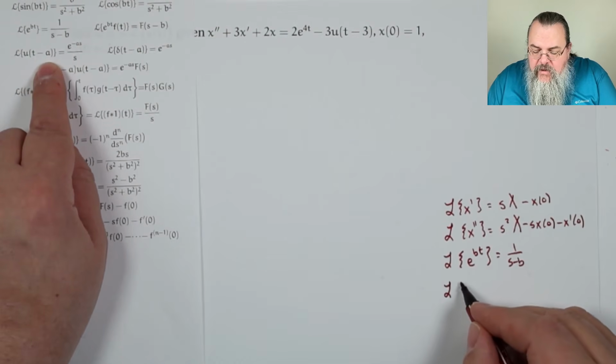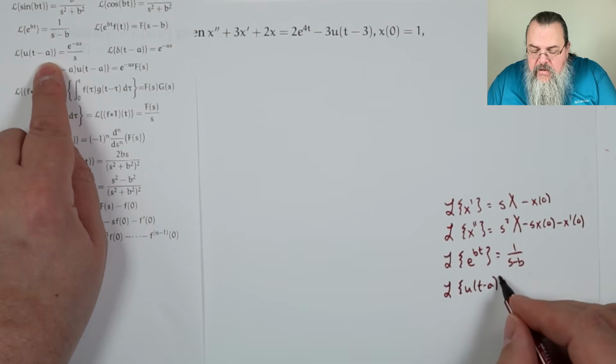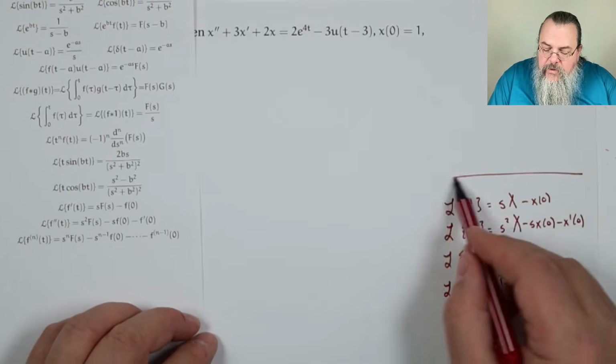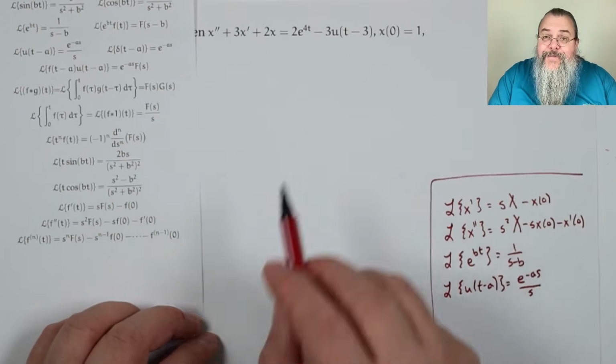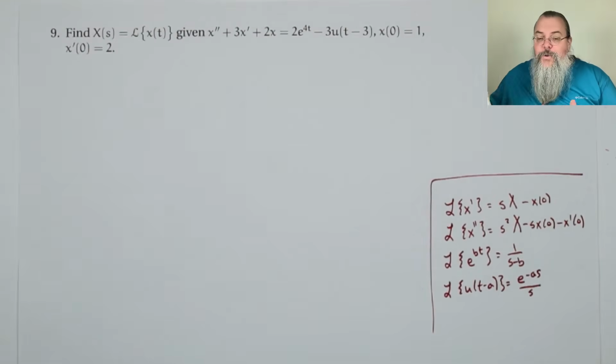The Laplace of u(t-a) is e^(-as)/s. All right, so those are the pieces that we see here. So we've written those down. So now we're ready.